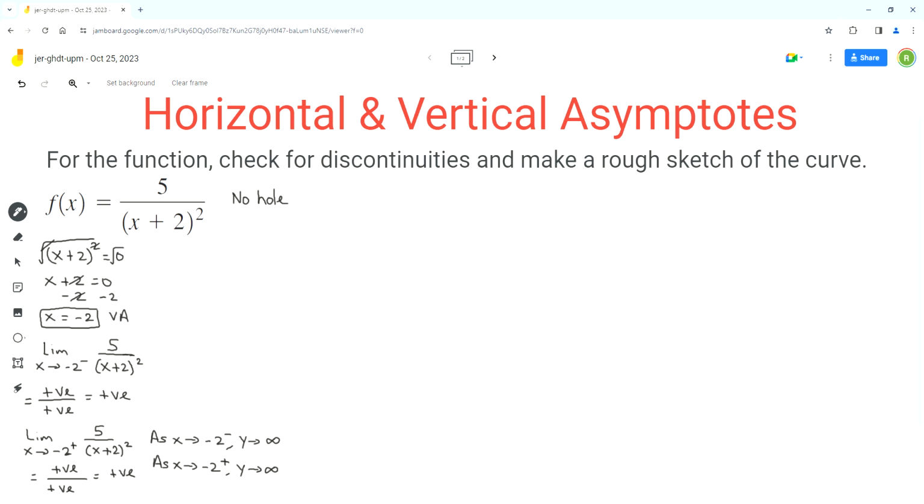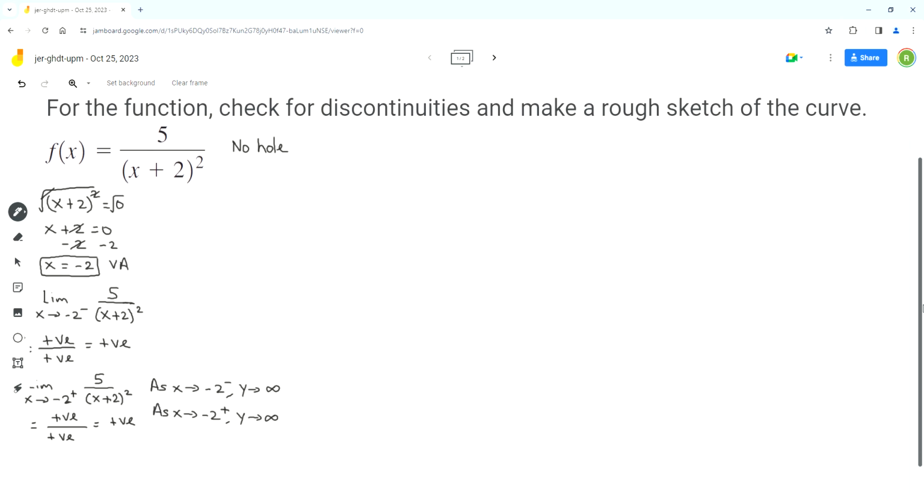Now we can check for the intercepts. Let's start with the x-intercept. We'll sub in the function value as 0 in the given function and then solve for x.